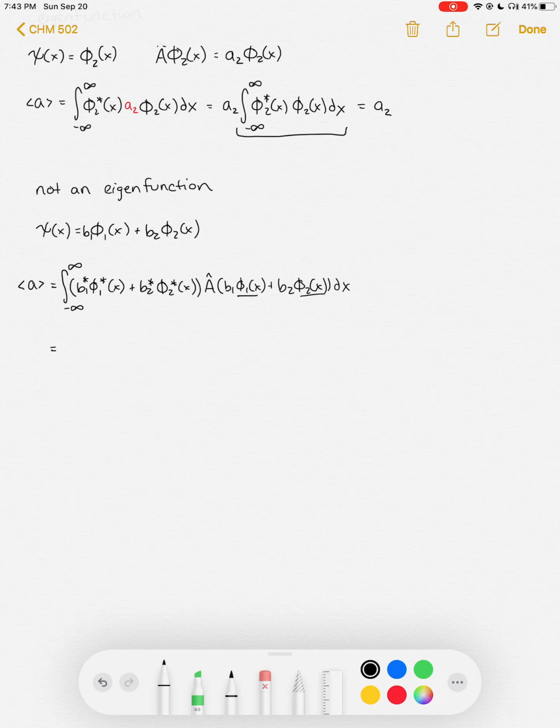So you can break that down and say that this is equal to the integral from negative infinity to infinity of b1 star phi1 star of x plus b2 star phi2 star of x, times a1 b1 phi1 of x, because we operated on our eigenfunction phi1 with A, which gives us a constant a1, plus a2 b2 phi2 of x. Okay, here we'll need to multiply this out. That will give us four integrals.